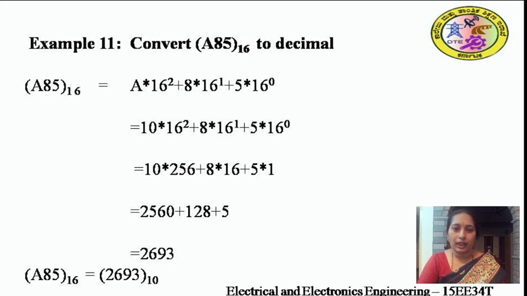A is written as 10 in decimal: 10 into 16 square plus 8 into 16 to the power 1 plus 5 into 16 to the power 0. If I add these products, the value I'll get is 2693.